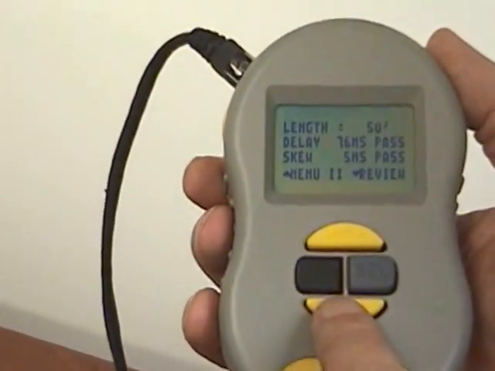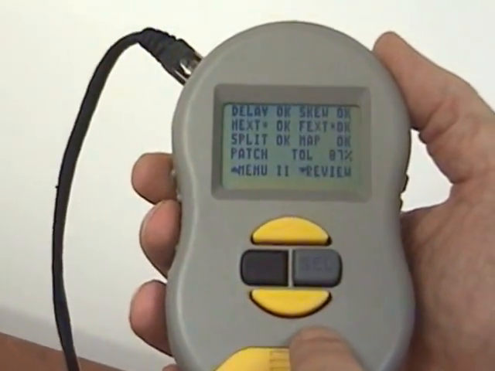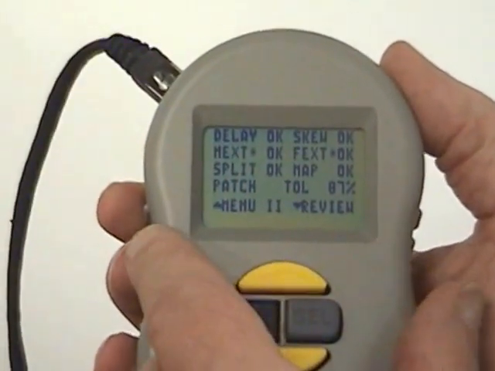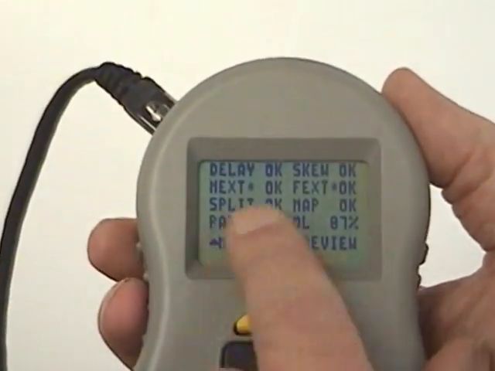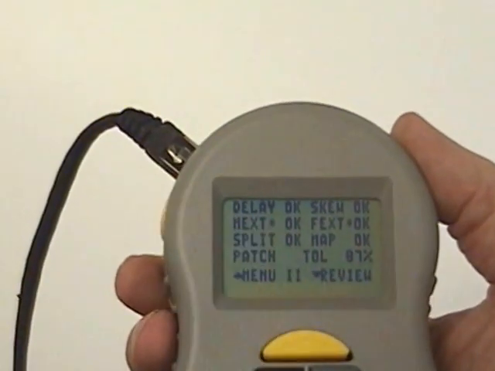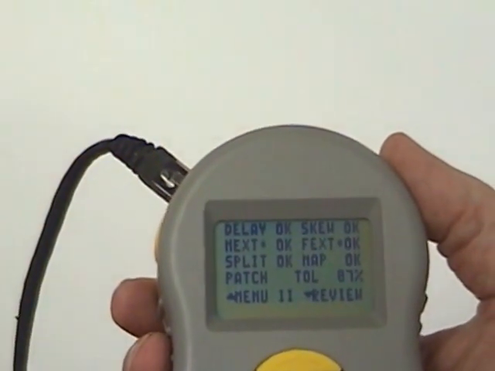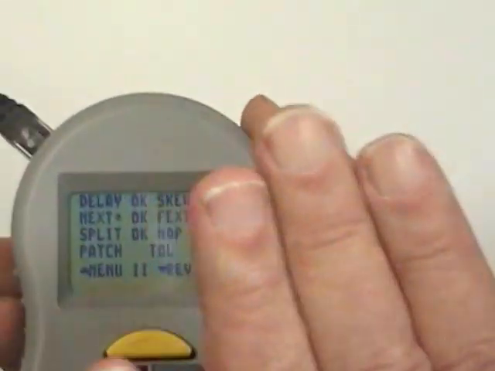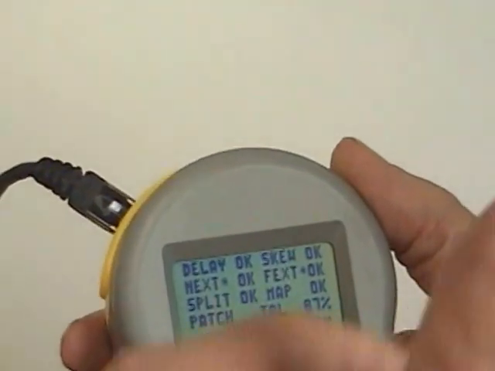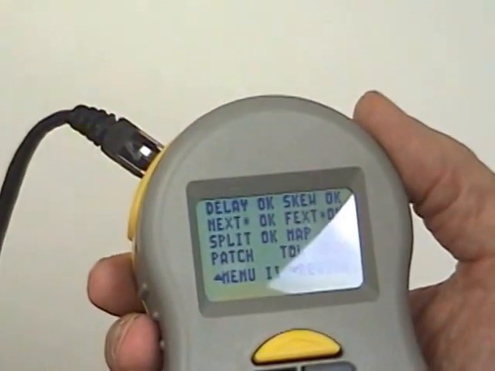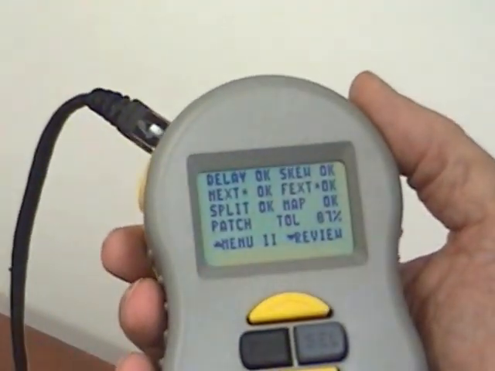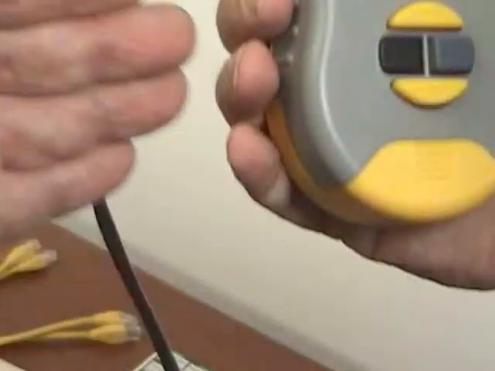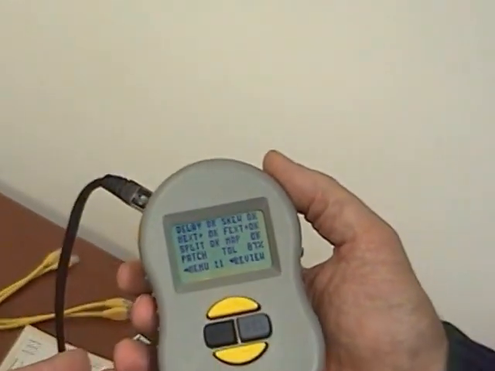Okay. So now let's continue with our review. And here is a summary of all the tests that were performed. It says the delay, which is the time it takes the data to travel from one end of the cable, is okay. The skew, which is the difference in delay between pairs, because data is sent on several pairs at the same time, and the data all has to arrive at the receiving unit at the same time.